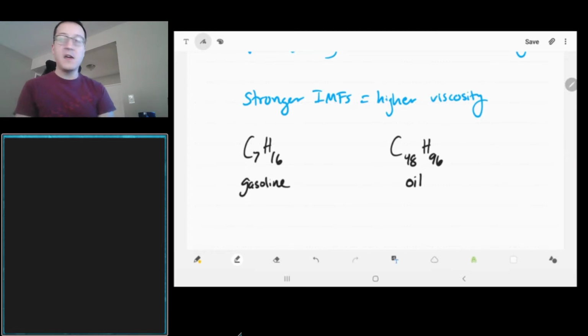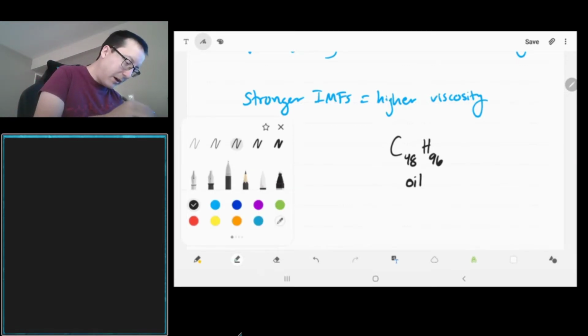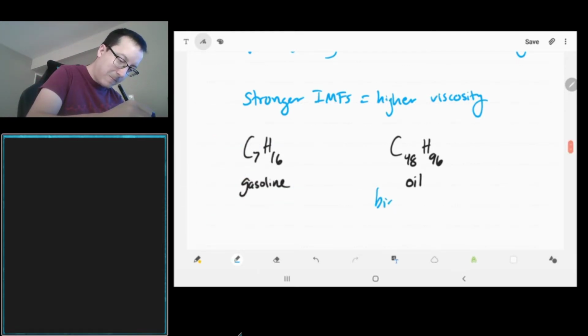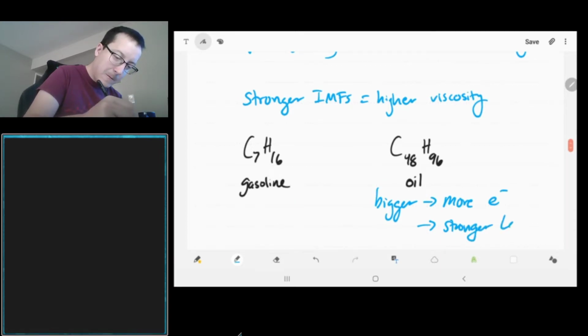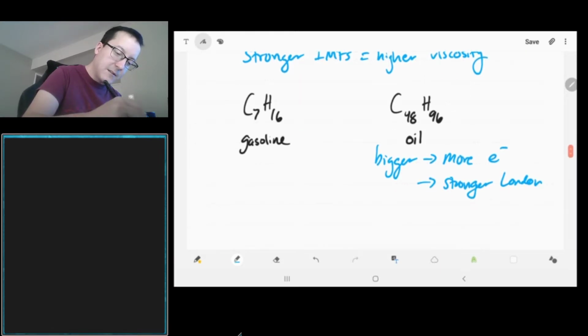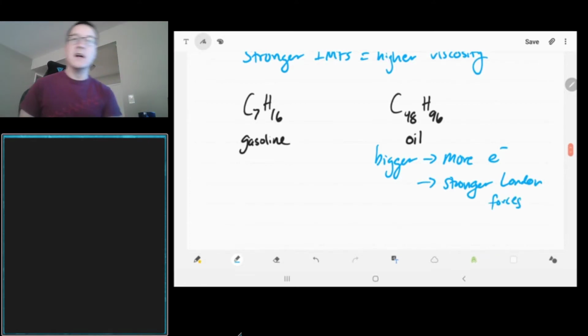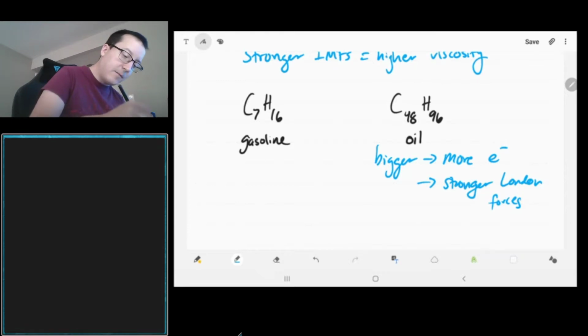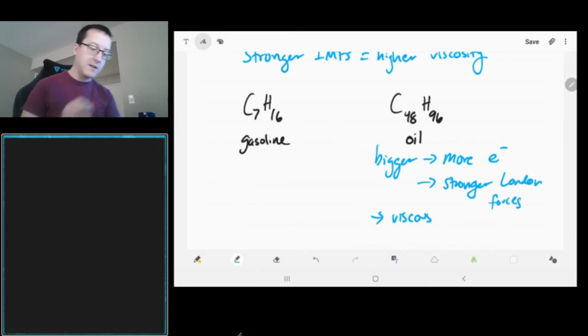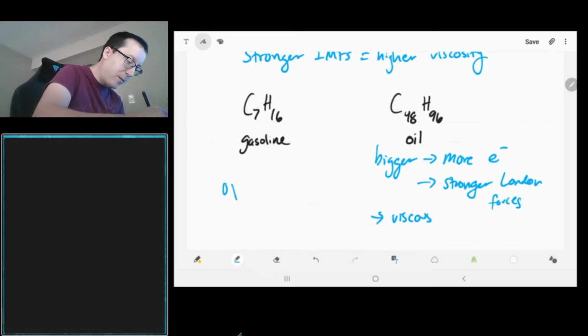If we think about it, a bigger molecule means more electrons, which means stronger London forces. And the stronger your intermolecular forces are, the more viscous it is going to be. Okay, and then this is just the opposite.